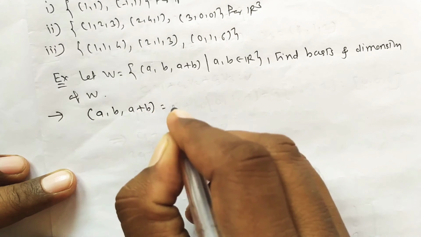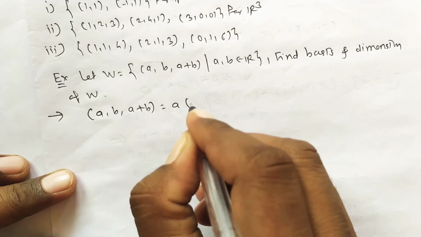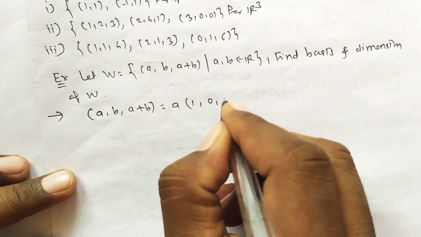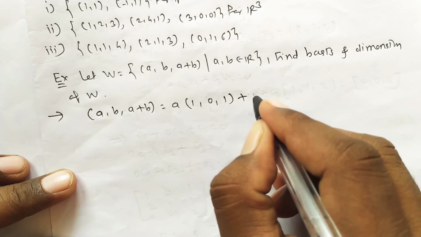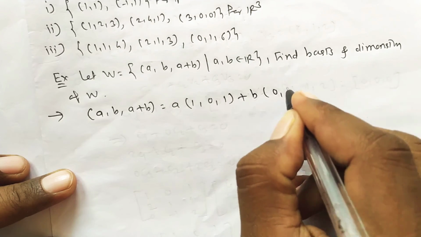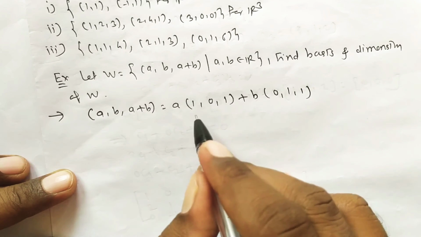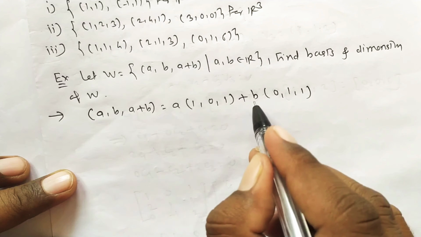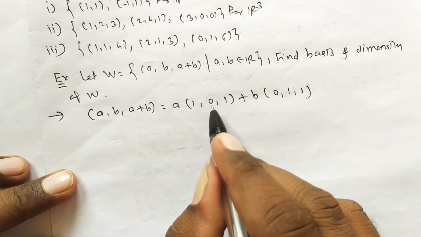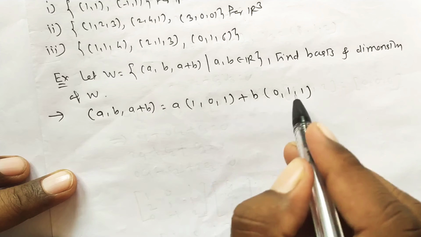Okay, so this vector can be written as a into (1, 0, 1) plus b into (0, 1, 1), meaning if you multiply a and b inside and take the addition, then we will get this, that is a, then 0 plus b, and a plus b.